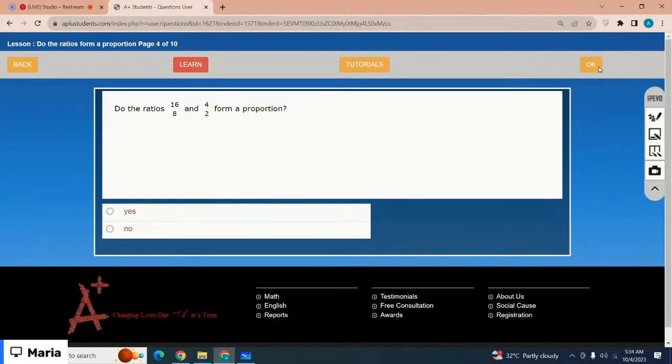Do the ratios 16 by 8 and 4 by 2 form a proportion? Yes or no? The correct option is yes, they form a proportion, right? The correct option is yes.